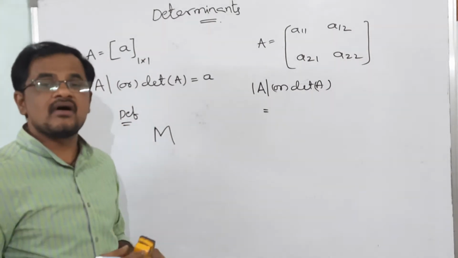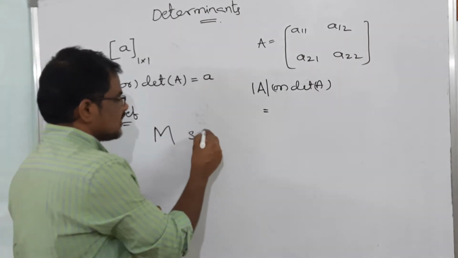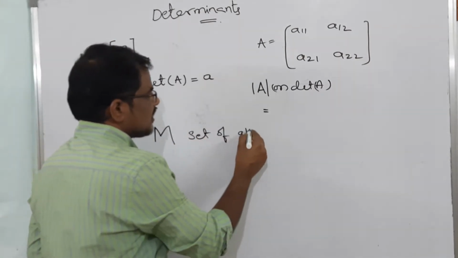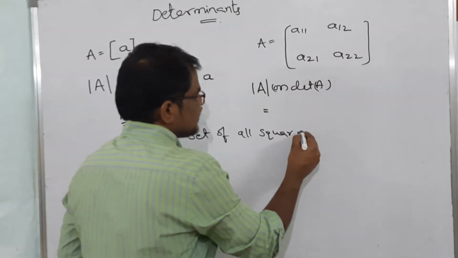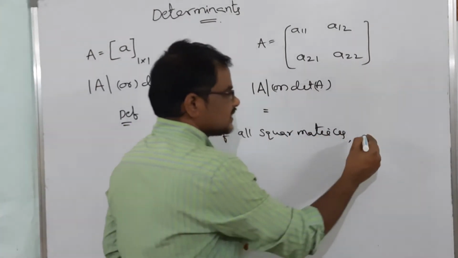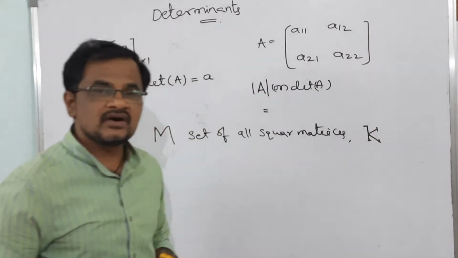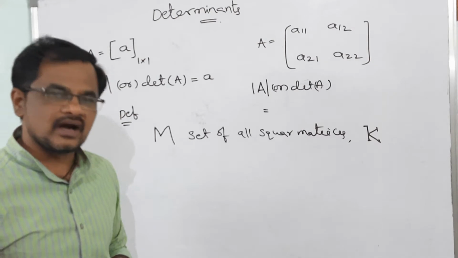Let M be the set of all square matrices, and K be the set of all real numbers or complex numbers.